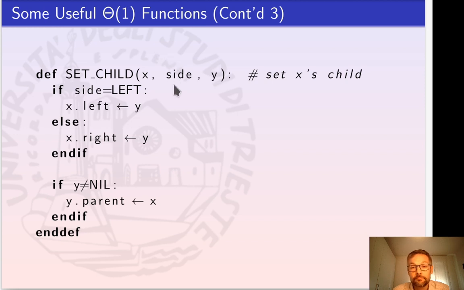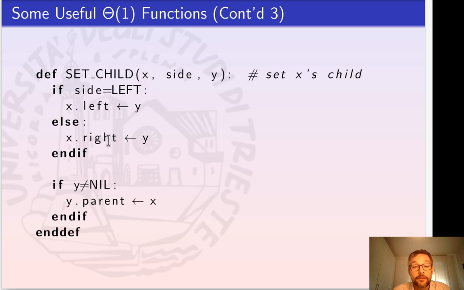Okay. So for instance, let's assume I want to set y as left child of x. I simply need to call set child with x, left and y. So if side is left, of course I assign y to x.left, otherwise I assign y to x.right.